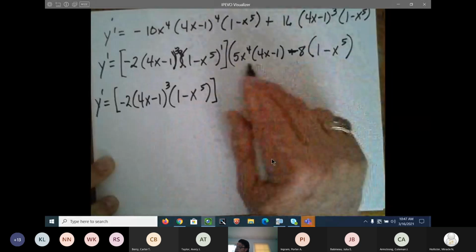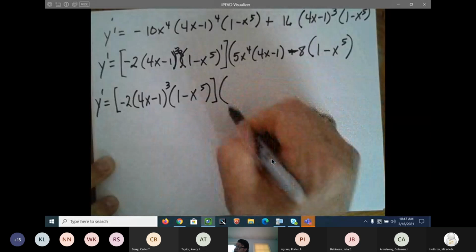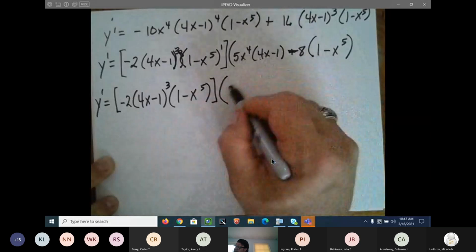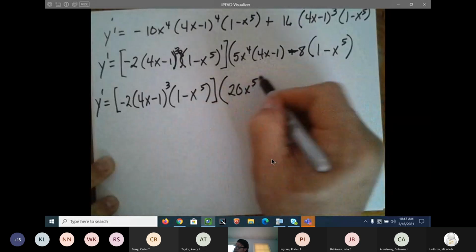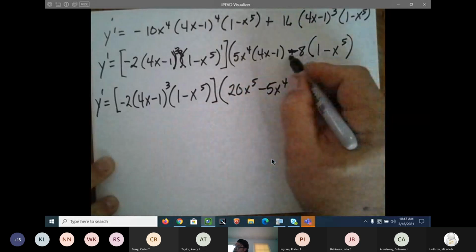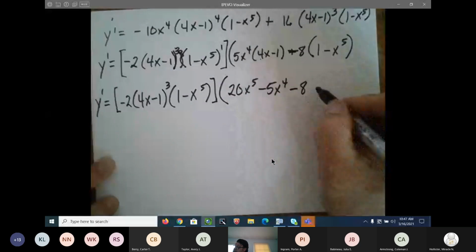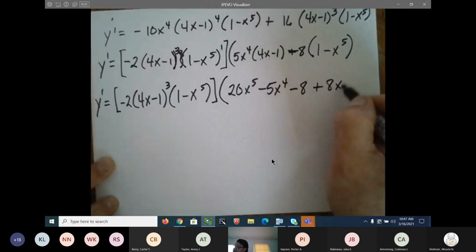Here we're going to distribute, and that'll give us 20x to the 5th minus 5x to the 4th, minus 8, plus 8x to the 5th.